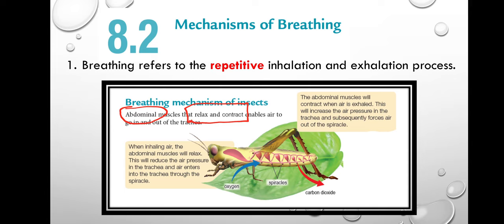Then they take turns. Muscle A relaxes, muscle B contracts. After that, muscle A contracts, muscle B relaxes. That is what we call repetitive and in rhythm. They are like music, they have pitch, do re mi fa so. They follow order. They are not simply I want to contract. Both contract cannot, or both relax cannot.